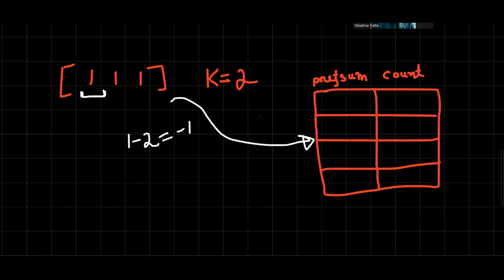Now wait, we have to add a default value to the prefix sum array, which is initially the value of 0 or 1, because it is the default value. There might be possible that in this subarray, their sum is 2, right? So the value of sum minus k will be 2 minus 2, which is 0.